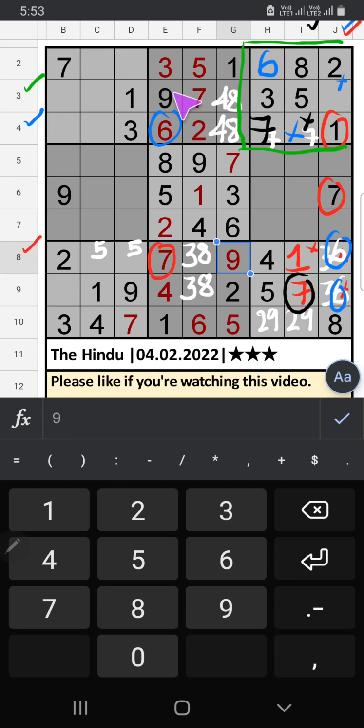In 3rd row we have 9, so 9 can't come in this cell, 9 is confirmed here, then 4 is here. 3rd row we have 4, so 4 can't come in this cell, 4 is confirmed here, then 8 is here.